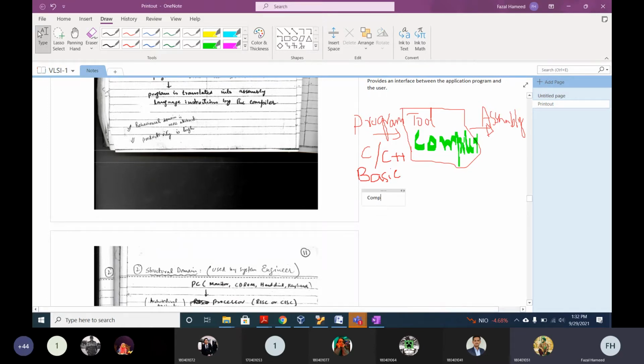The compiler provides an interface. I have told you that the operating system provides an interface between the user and the application program. So can I write it like this: the compiler provides an interface between whom and whom?